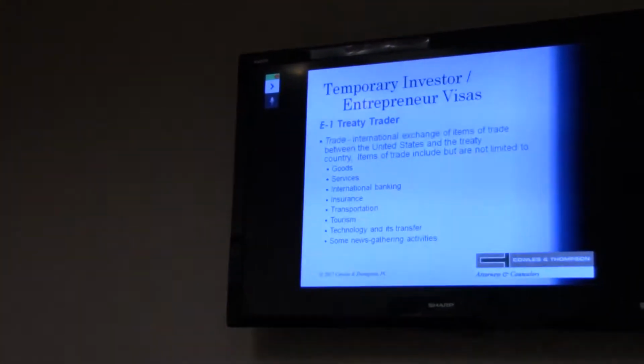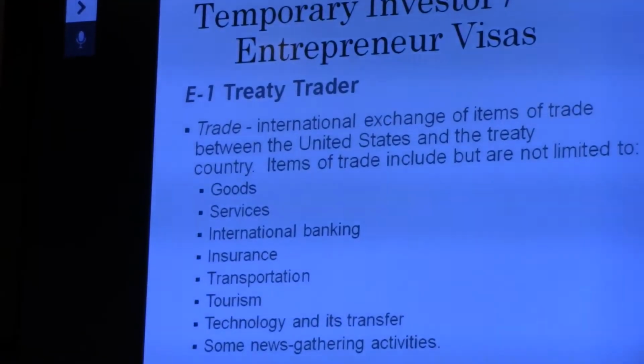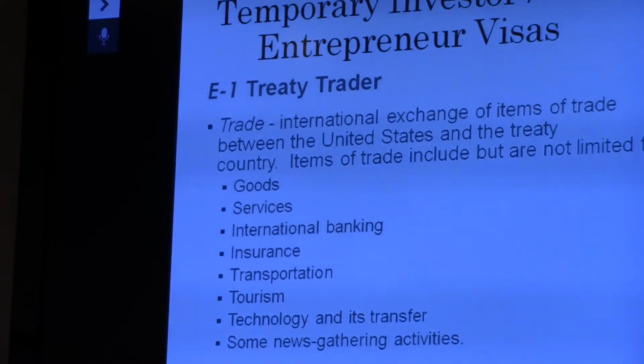What does trade mean? We get that question asked frequently because for some people trade might be services instead of goods, or international banking, insurance, transportation, tourism. Those are just some of the examples, but that is not an exclusive list.